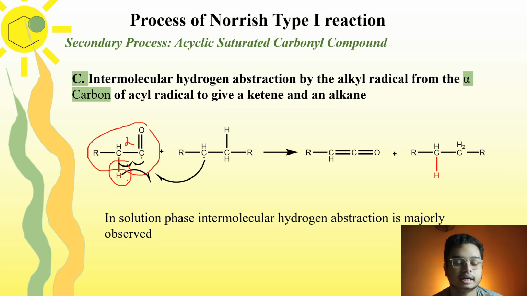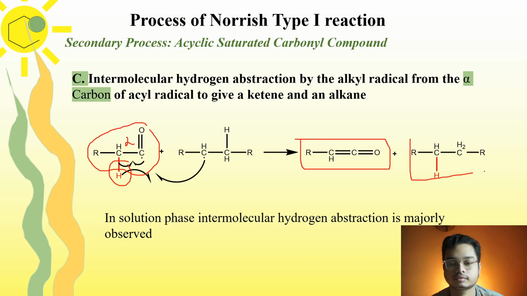If the alpha carbon contains a hydrogen, then the alkyl radical captures the alpha hydrogen from the acyl radical, thus resulting in a ketene species and an alkene. In the previous case, the alkene formed, and here the alkene as well as a ketene form. And in the solution phase, these two reactions are majorly observed.